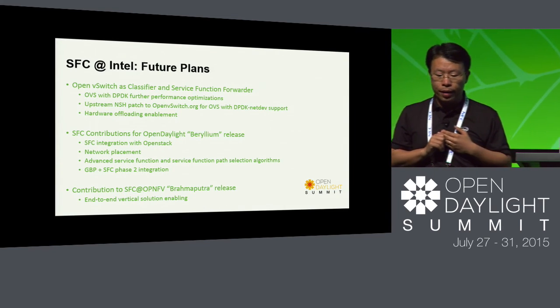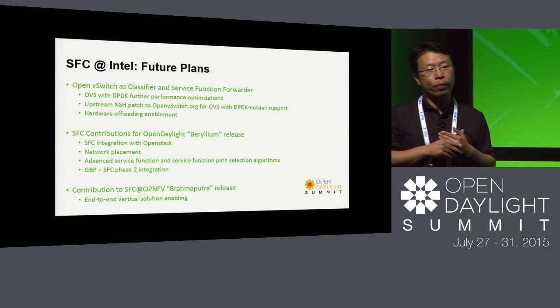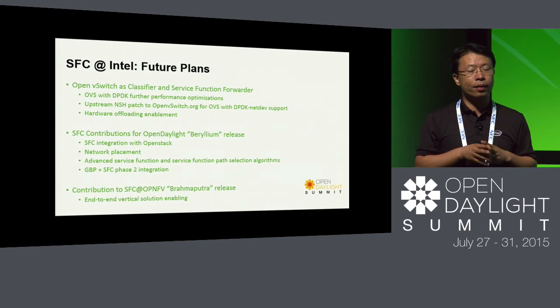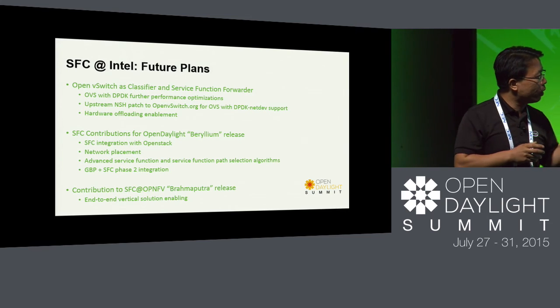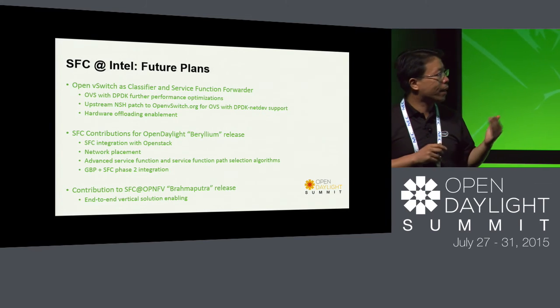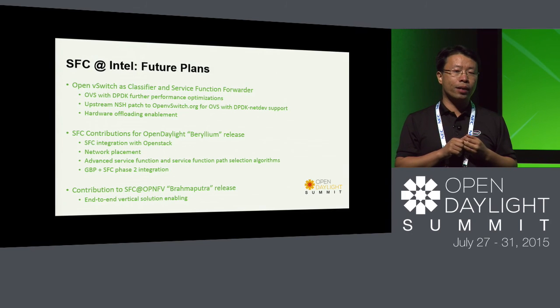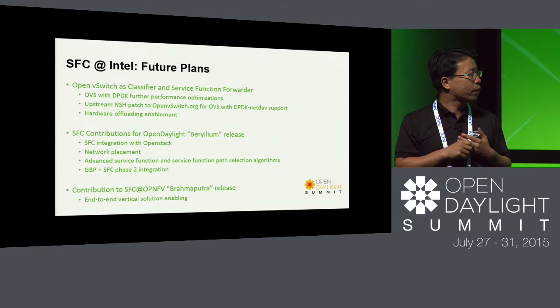Currently, the selection algorithm is based on round robin or random selection. We are adding advanced selection algorithms like shortest path, weighted shortest path, and load balancing to the SFC project at OpenDaylight. In addition, we're also working on the GBP and SFC phase 2 integration. We want to add advanced features like end-to-end QoS, basically rate limiting for the service function.